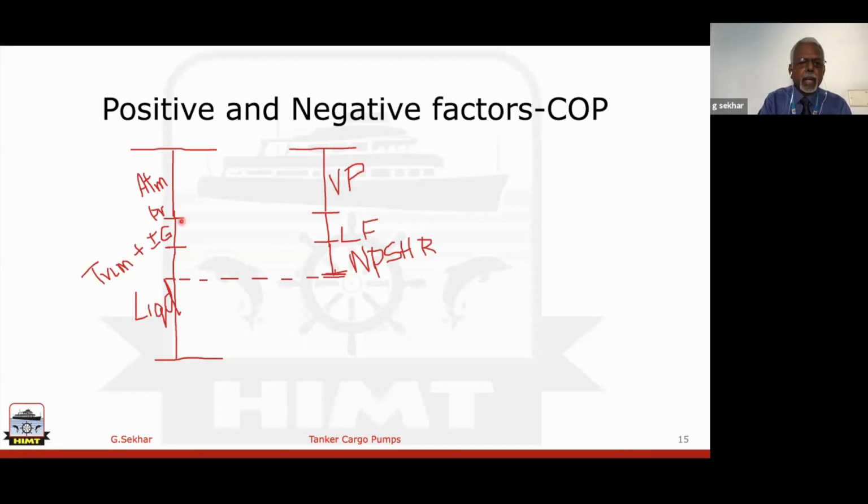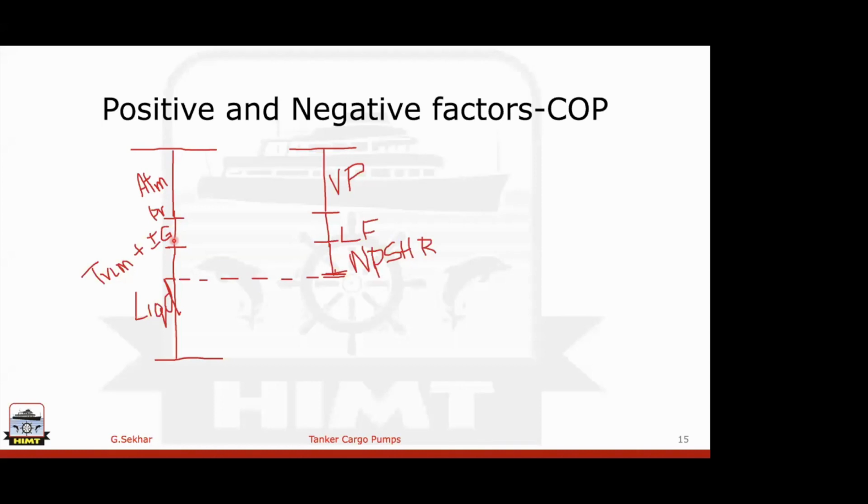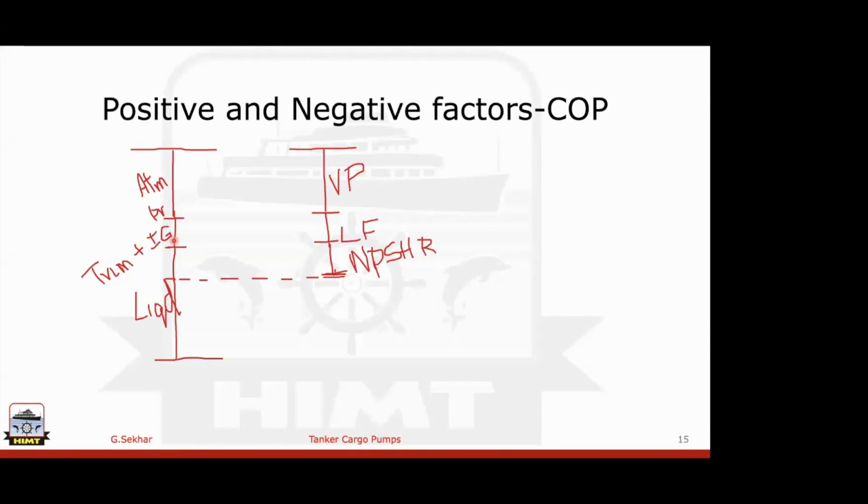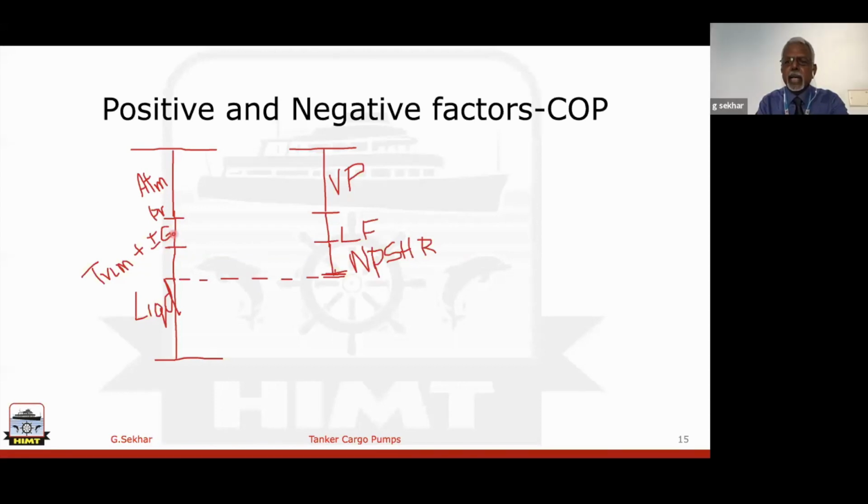The next line is the IG pressure. How much IG pressure do we have in oil tankers? Generally we keep about 600, 800, up to 1000, somewhere around 800 millimeter water column, or you can call it millibar. That is the inert gas, and it is again a positive pressure which pushes the liquid down towards the pump. That is going to help you, so the pump will take suction.